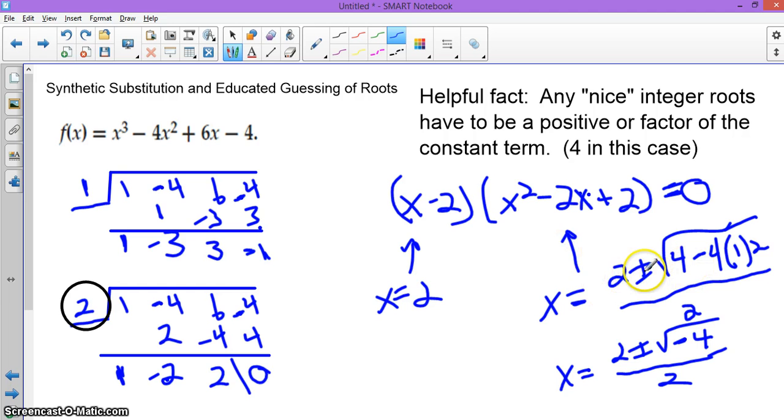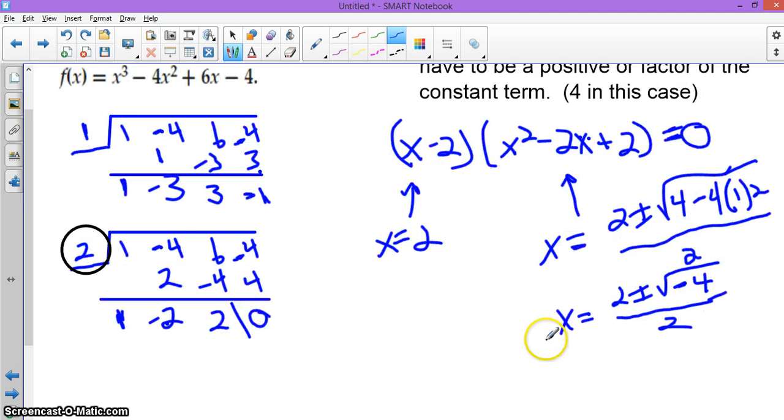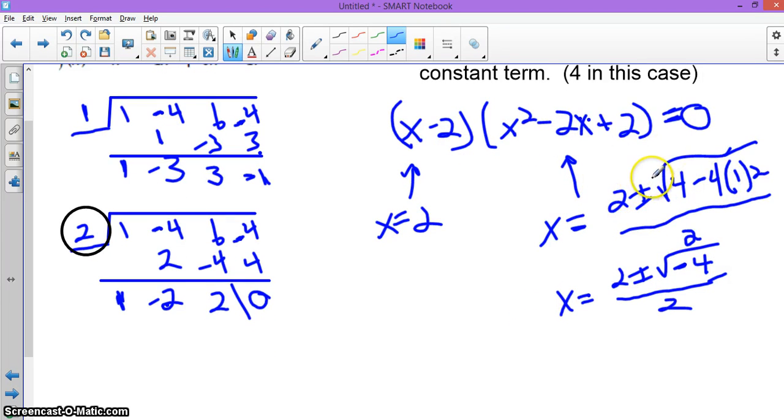So I quadratic formulated it, and so we got down to this. Okay, so pause it if you need to and look it over and see what I just did. And then we finish it off: 2 plus or minus the square root of -4, which is 2i, all over 2.